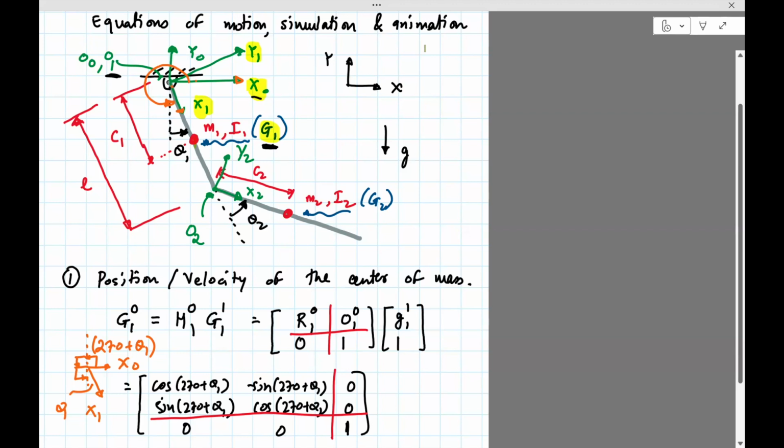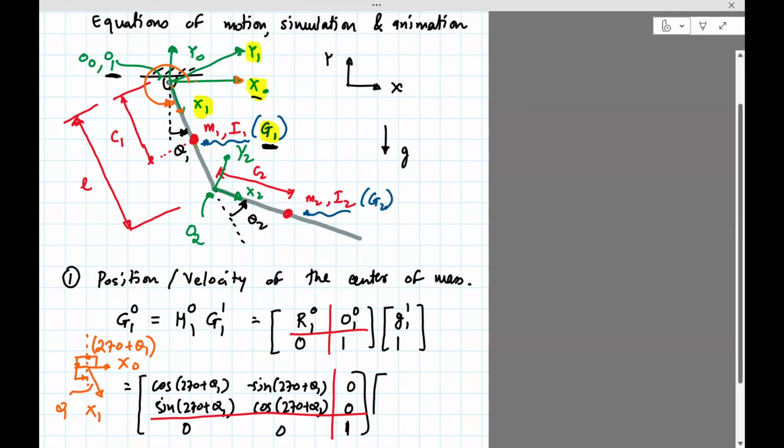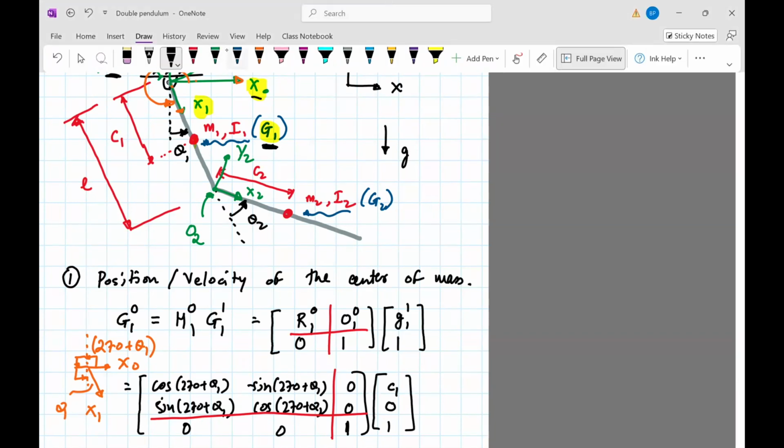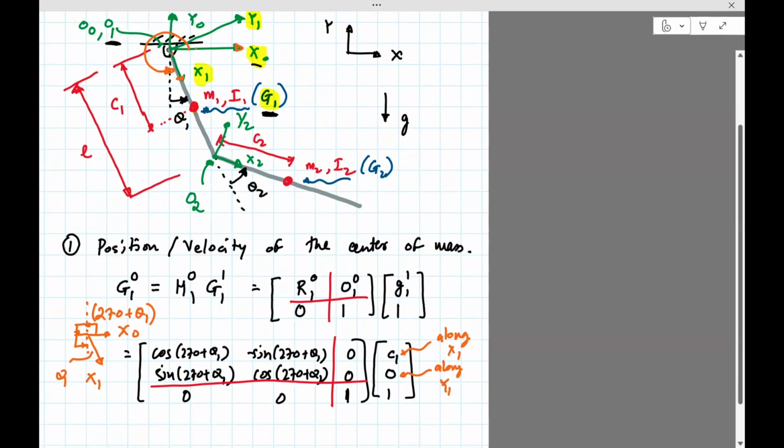So its position in that frame is going to be just C1 along the x-axis and 0 along the y1 axis. So C1 along the x-axis, 0 along the y-axis, and then this 1 is a placeholder.